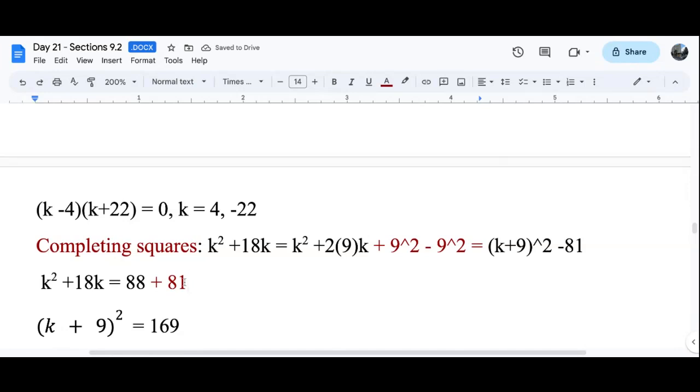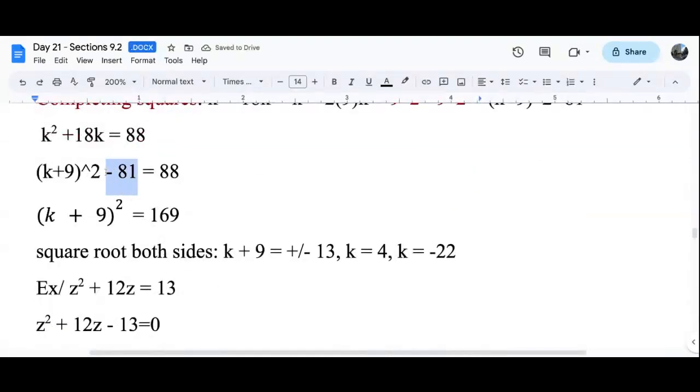Listen, we started with this because of the 88, right? So this one now can be written as this. So that means we can rewrite as k plus 9 squared minus 81 equals 88.